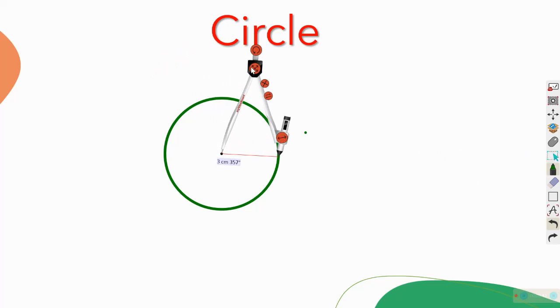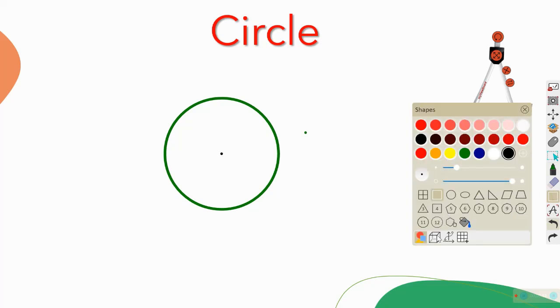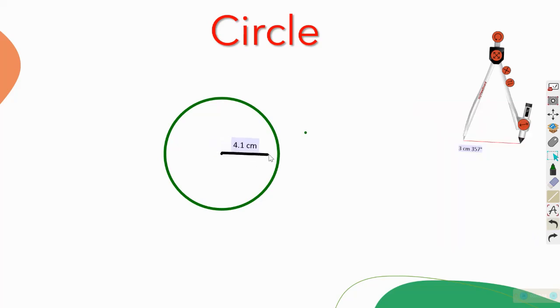This distance what is shown here is the radius. I will mark the radius with the help of a simple line. This is the radius, which is equal to 5 centimeter according to this scale. Our digital scales are not similar to our usual ones.